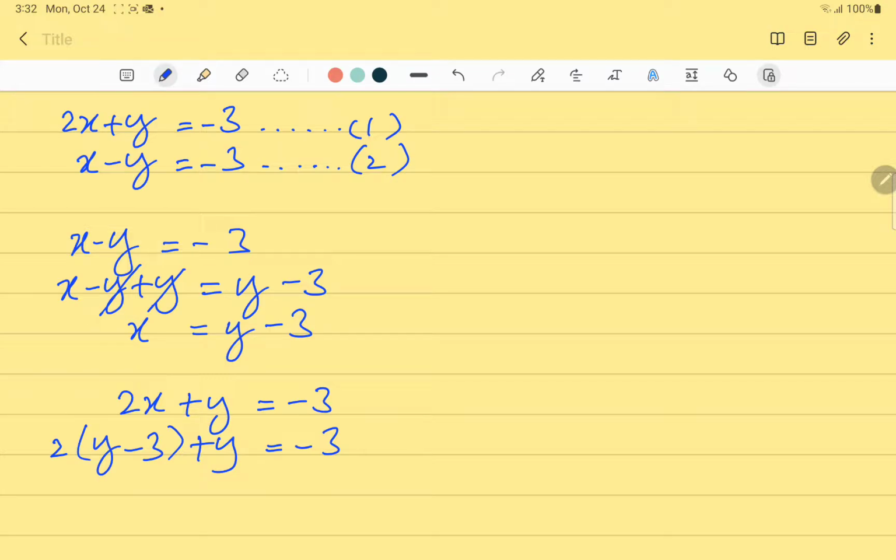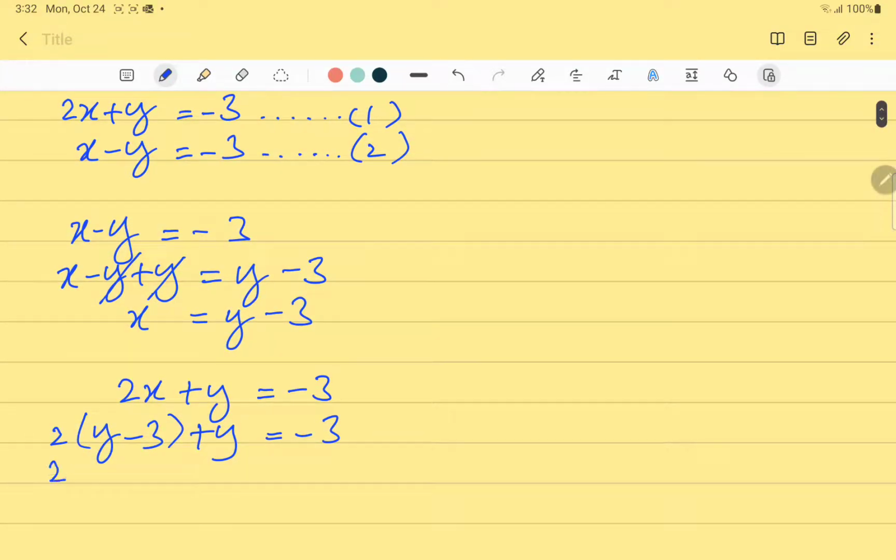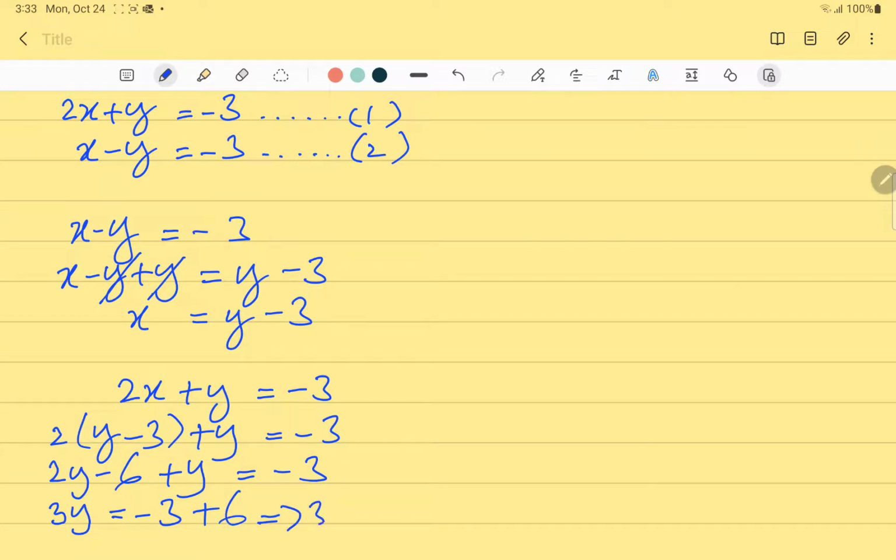Now we solve this equation for the value of y. 2 into y is 2y, 2 into -3 is -6, plus y = -3. 3y, 2y plus y is 3y, and -6, when it goes on the other side, it will become +6. So 3y = 3.